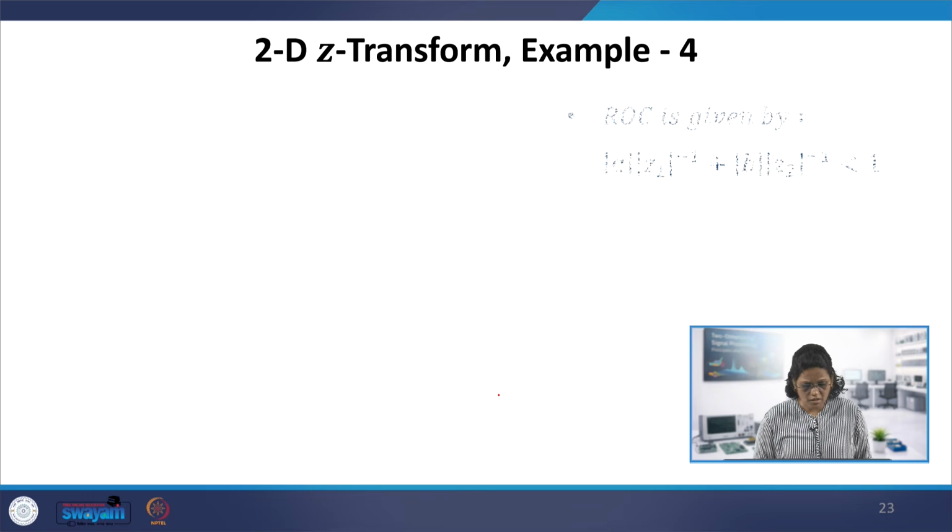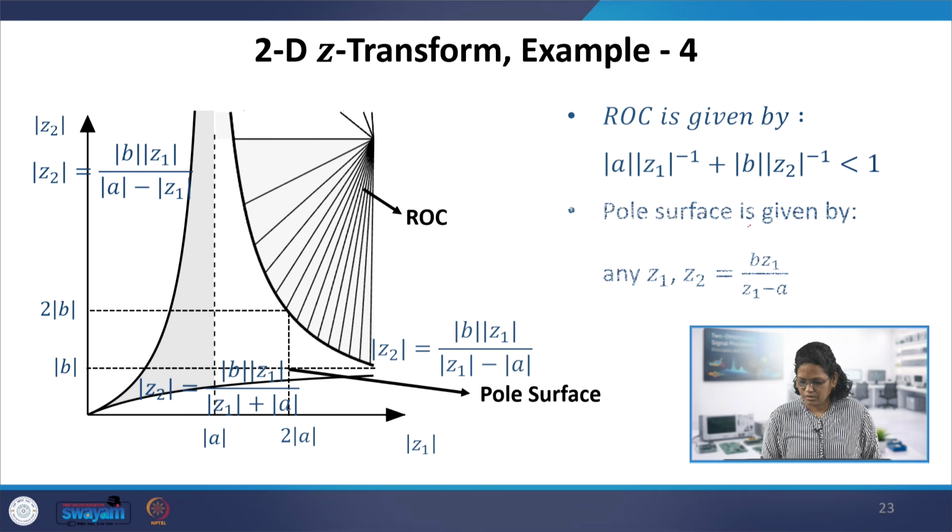Getting the ROC for it, we can simplify it as well. We take this a, b, and from this equation we can simplify to z2 equal to b z1 by (z1 minus a) for any value of z1. So z2 greater than or equal to this is the curve which is represented here.